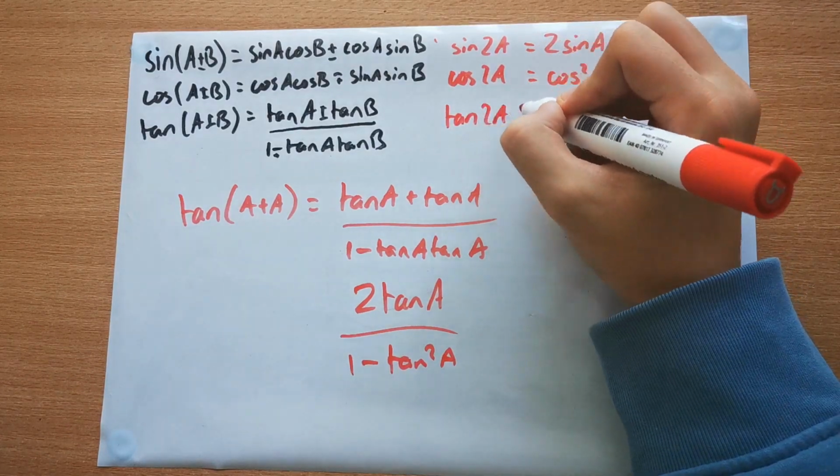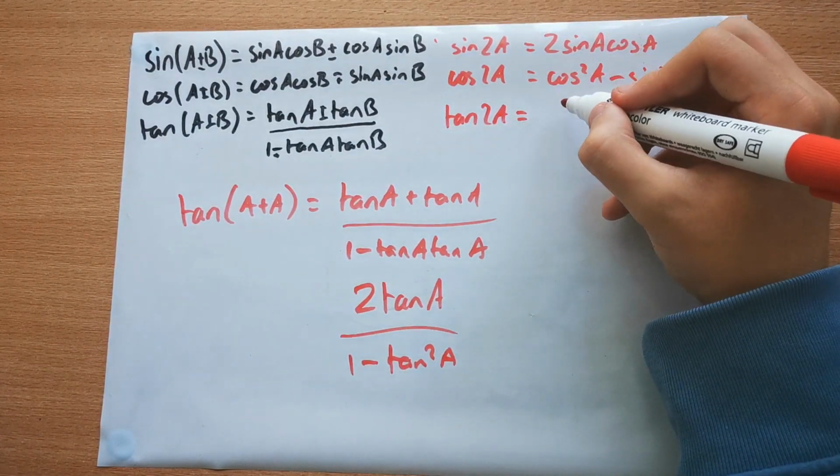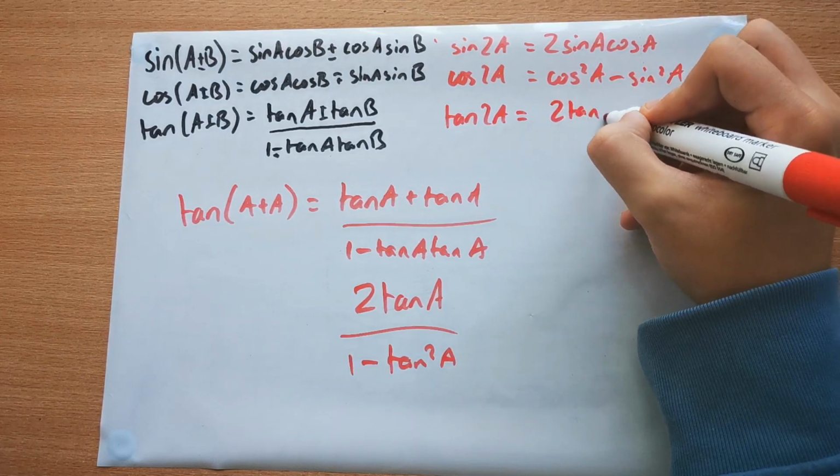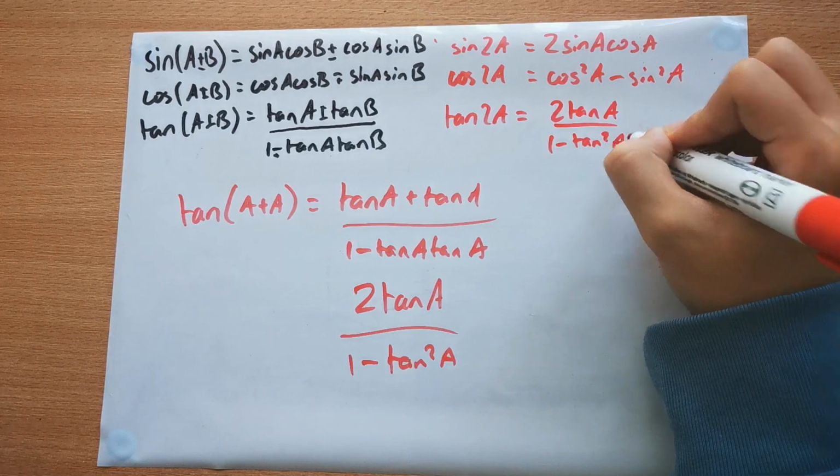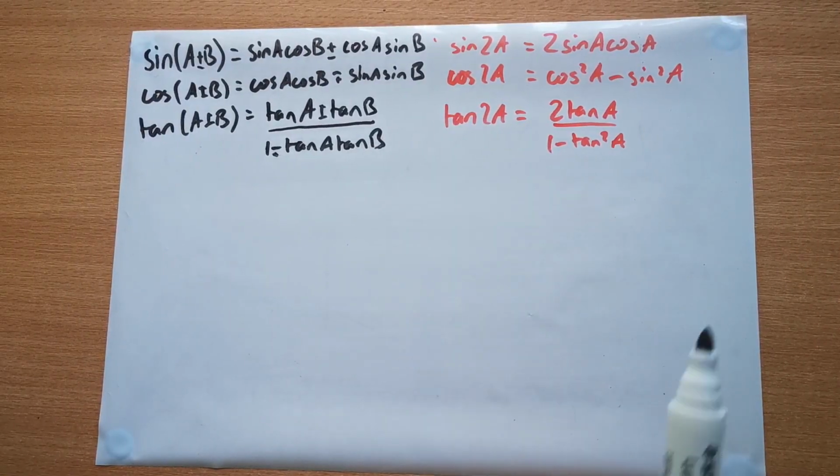Tan 2A is equal to 2 tan A over 1 minus tan squared A. And now you can start to solve equations with this.